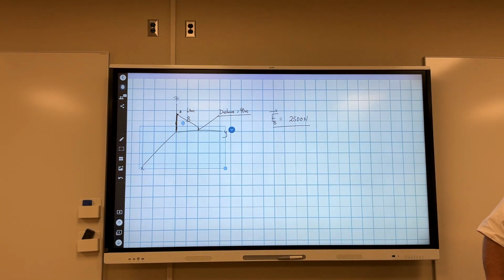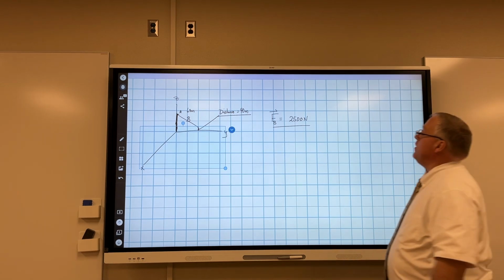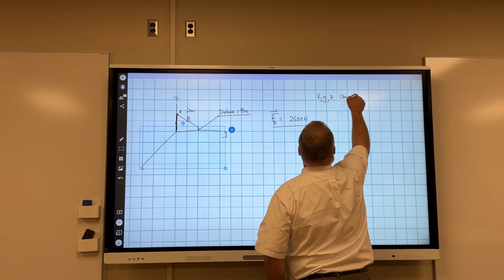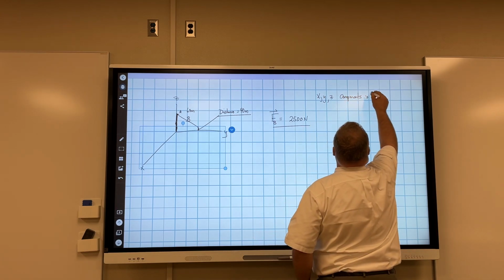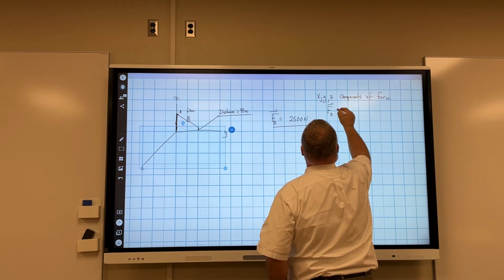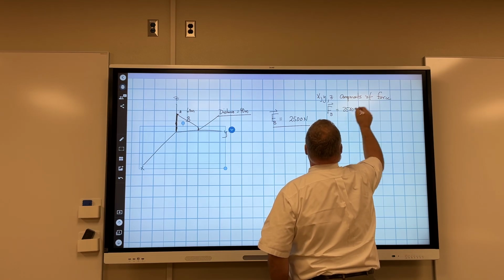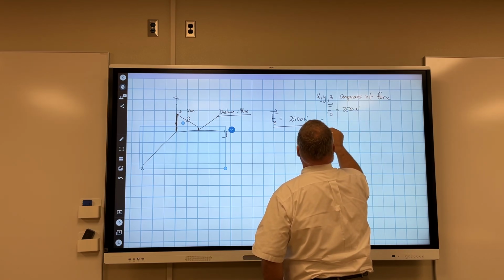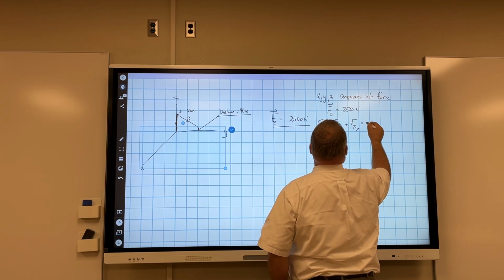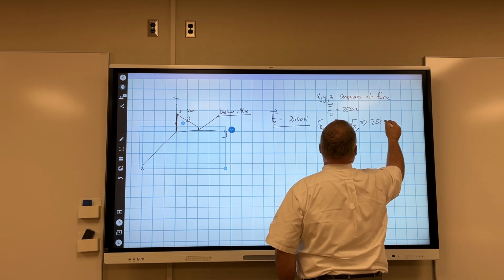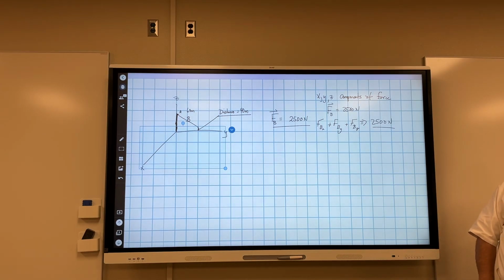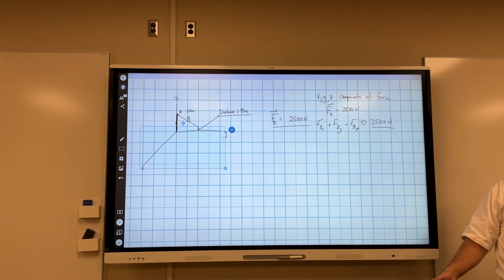What we want to do is find the X, Y, and Z components of this force. We know the force total is 2,500 newtons. So F of BX plus F of BY plus F of BZ has to sum to 2,500 newtons. Not less, not more, but it's got to be equal to that.